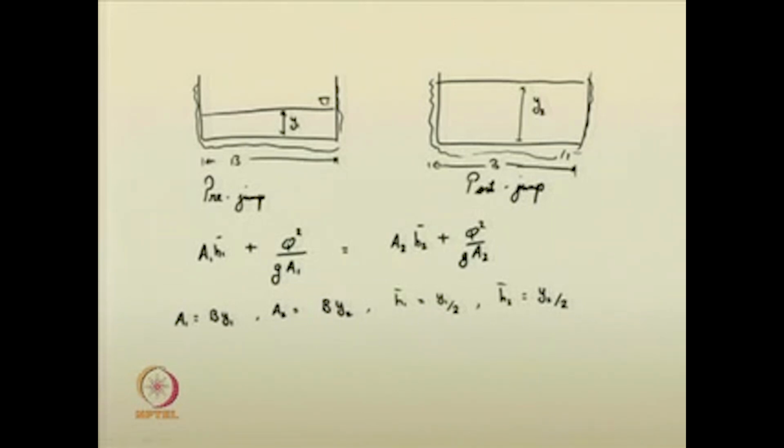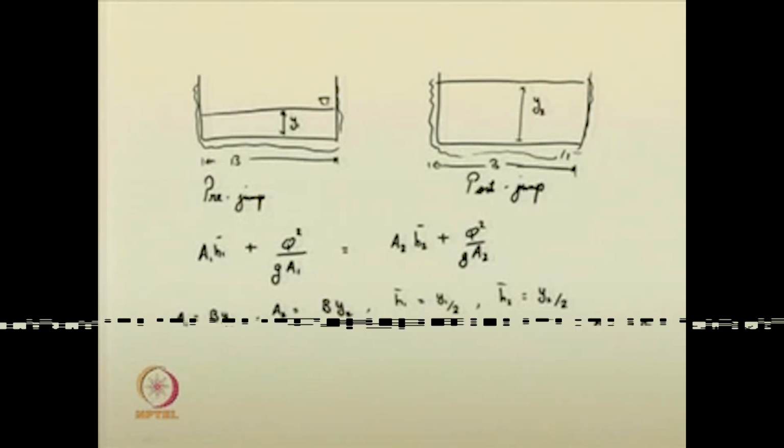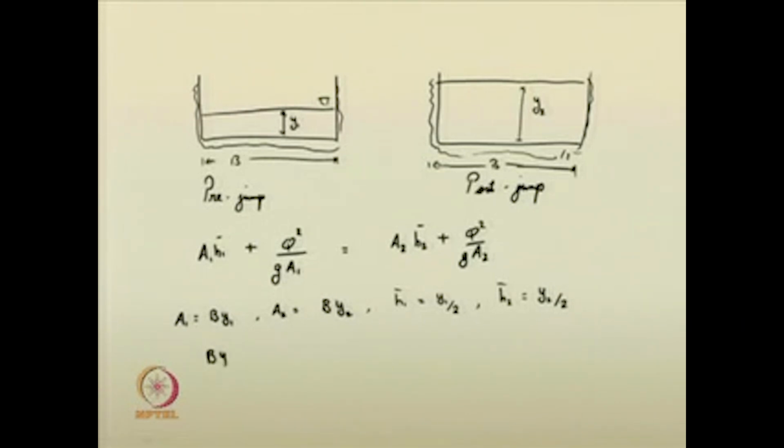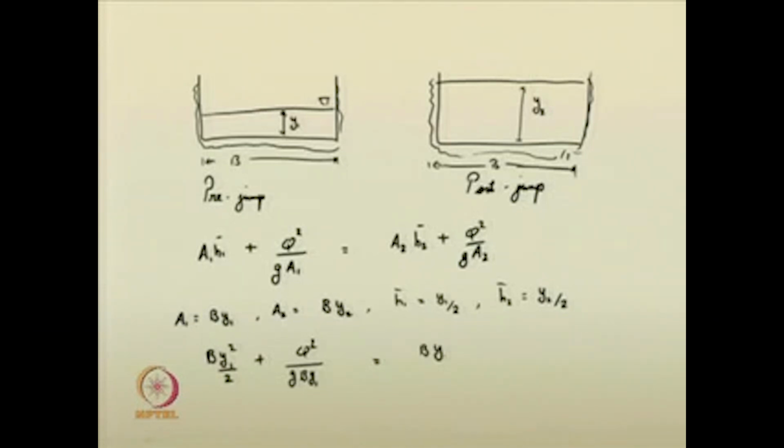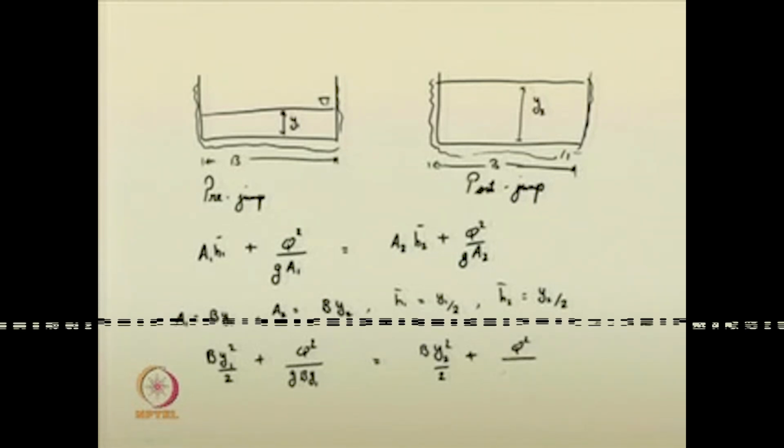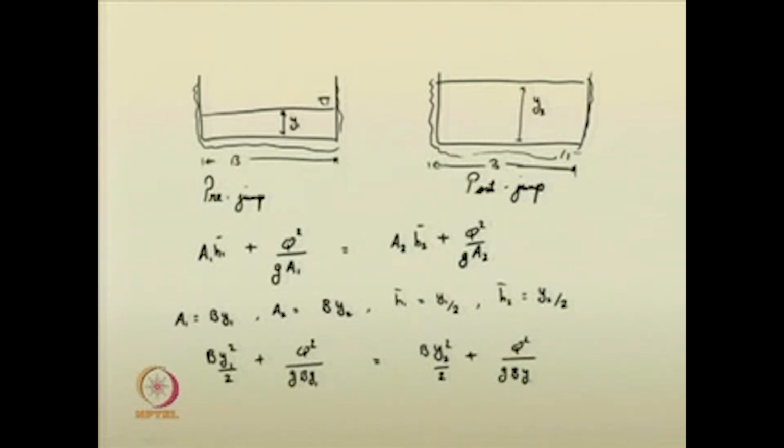Incorporating all these relationships, what will we get? We will get the following relationship: B y 1 squared by 2 plus q squared by g B y 1 is equal to B y 2 squared by 2 plus q squared by g B y 2. Let us continue the simplifications.